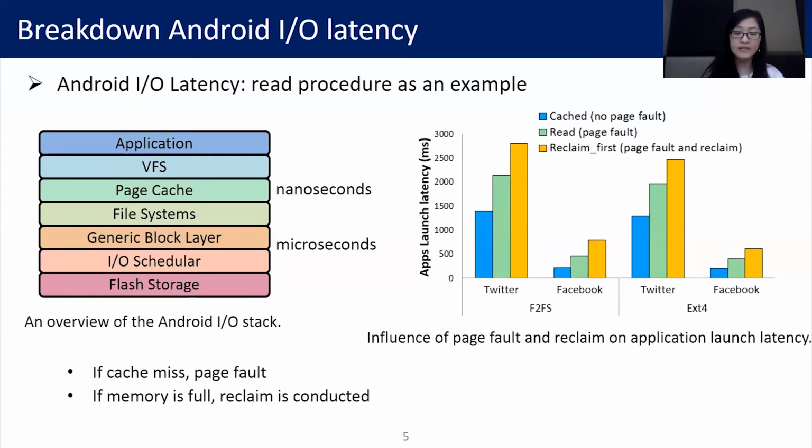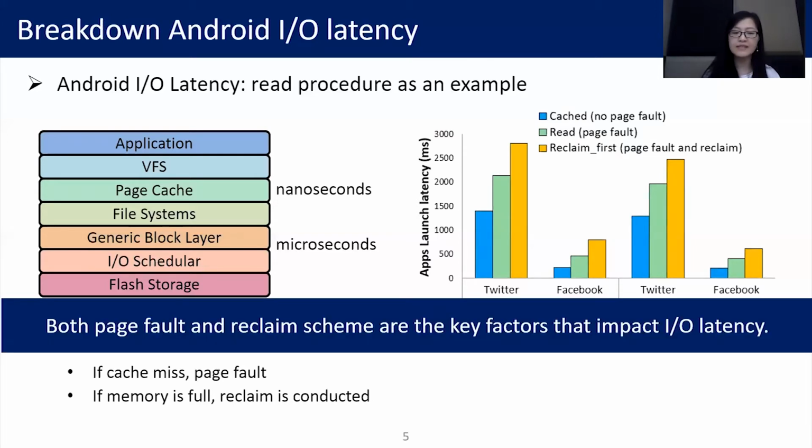The green one is the case that page fault happened. And the yellow one represents both page faults and reclaim happen. The results show that the page faults take much longer latency indeed, especially when reclaim scheme is triggered. Let's look at these two factors.